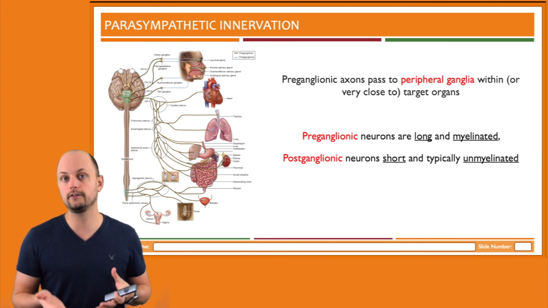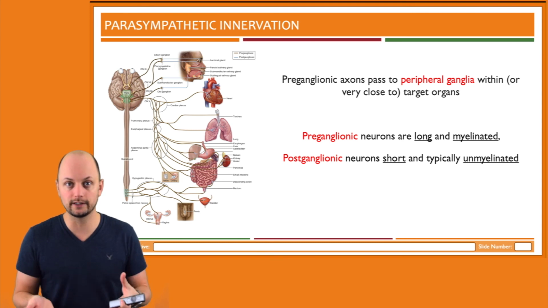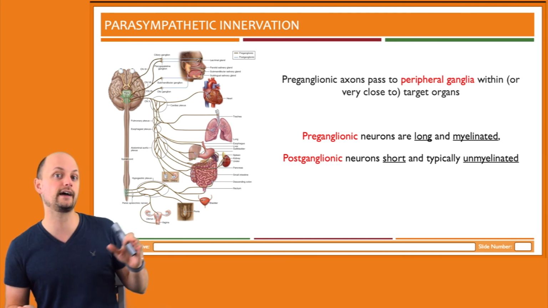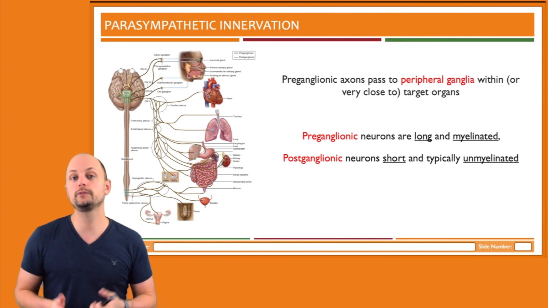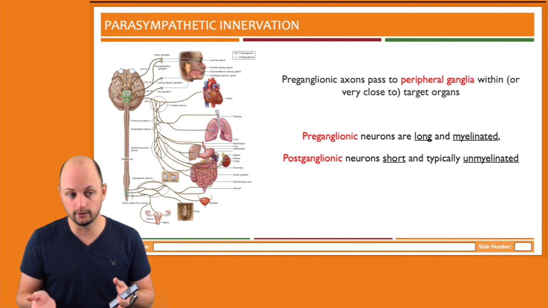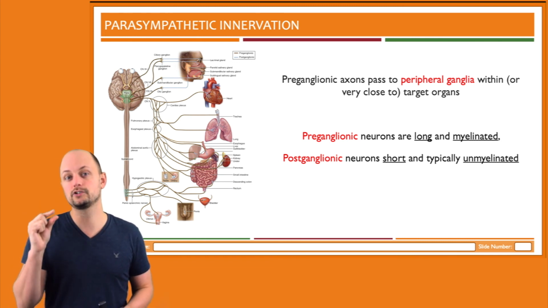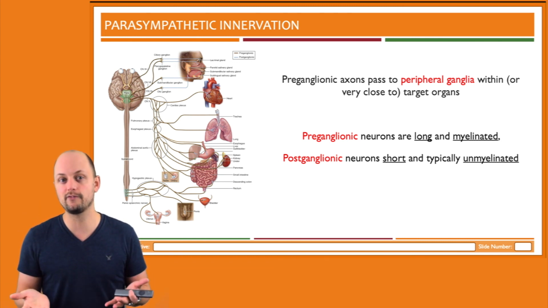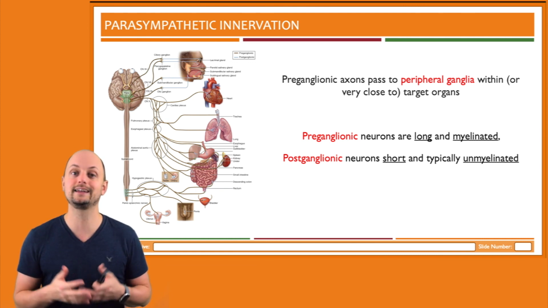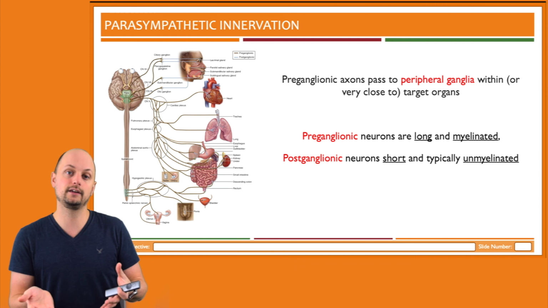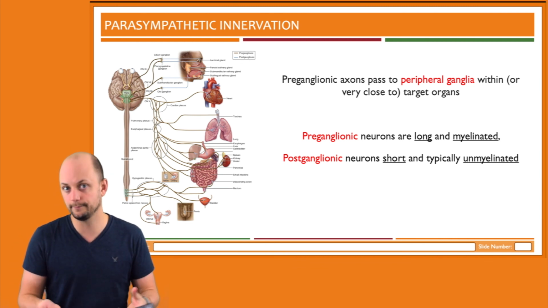And the ganglia is often located directly in the organ that they're regulating, or sometimes in the connective tissue wall that's just outside of the organ. So this means that the postganglionic neurons, which again are in light blue here, are usually really short because they only have to travel a really small distance to get into the tissues and find the cells that they're ultimately going to innervate and regulate.